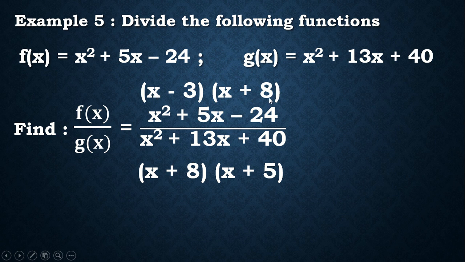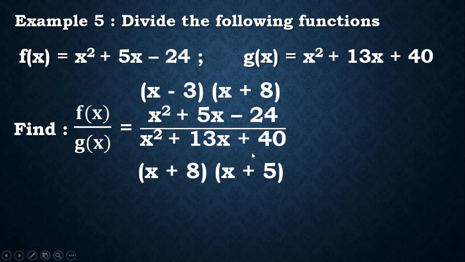X times positive 8, that is 8x. That will be added to the negative 3 times x, and we come up with positive 5x. Or simply, for the middle term, 8 minus 3, and we have 5, combined with the variable x. And then we multiply negative 3 times positive 8 for the third term, and we have negative 24. 3 times 8, that is 24. Negative times positive, that is negative.